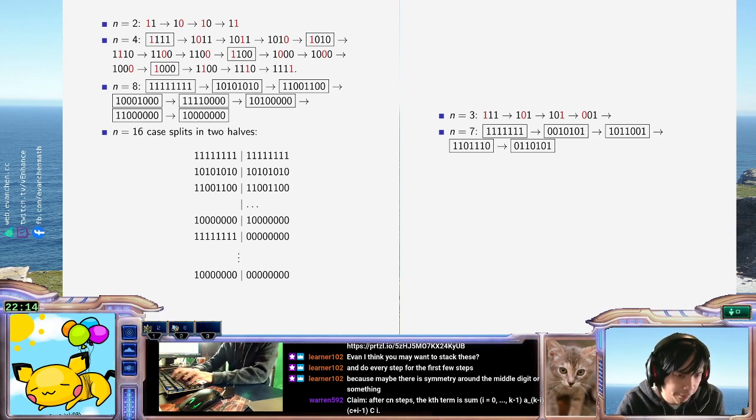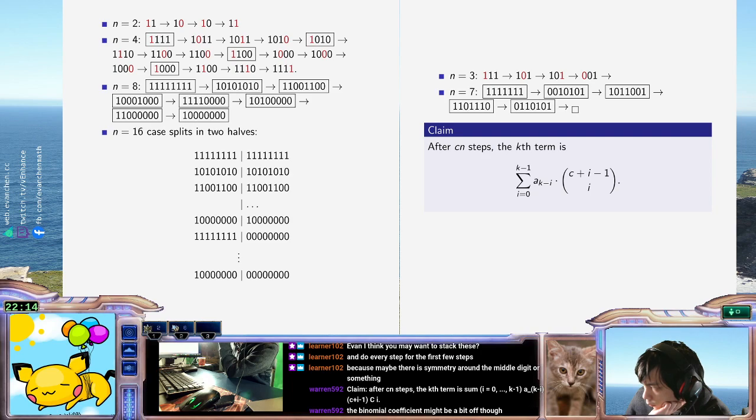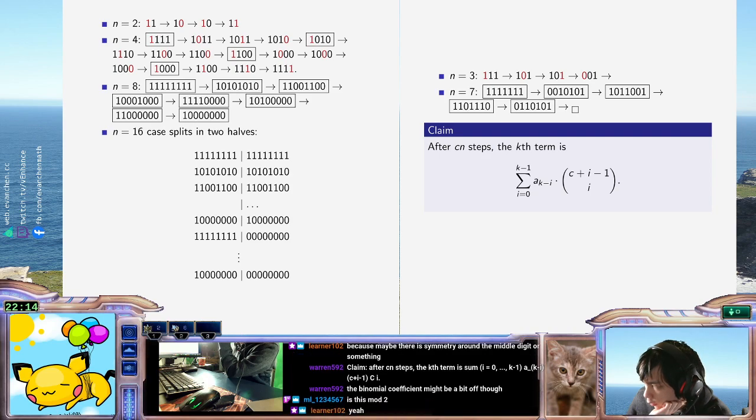So you claim that after Cn steps, the kth term is the sum from i equals 0 to k minus 1 of a sub k minus 1 times c plus i minus 1, which is i. I think this is false when you take k equals 1 and c equals 1.